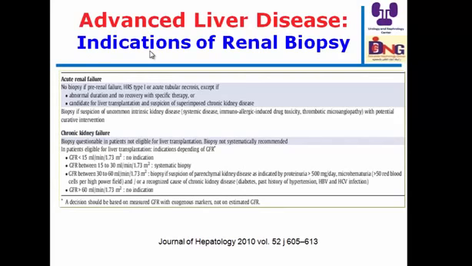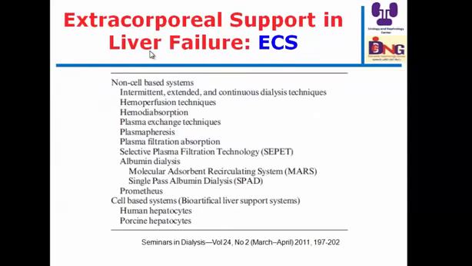If you are dealing with chronic renal failure and the GFR is less than 15 or above 60, there is no indication for renal biopsy. And when we think of renal biopsy, we should be cautious because of the increased risk of bleeding with coagulopathy. So we may do the biopsy under fresh frozen plasma with INR less than 1.5. Some authors recommend transjugular renal biopsy. I know transjugular hepatic biopsy is famous, but some centers do transjugular renal biopsy.